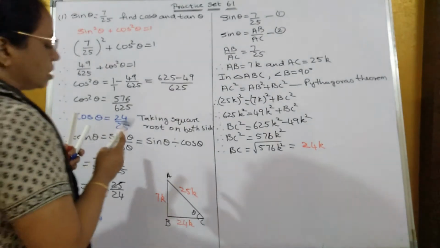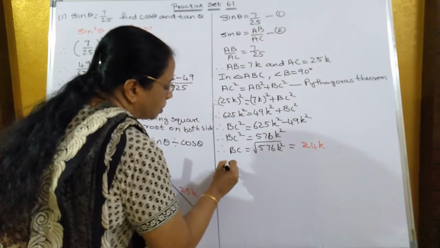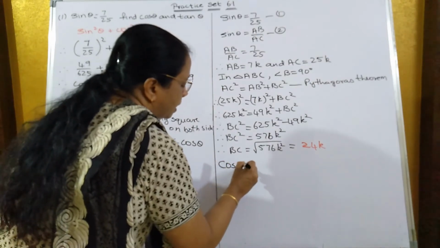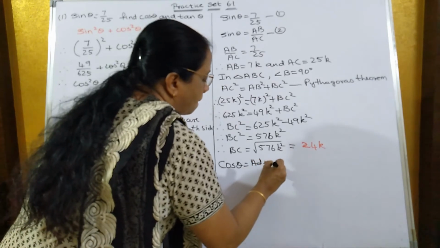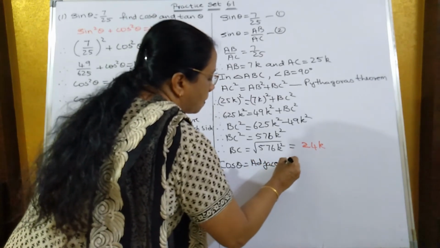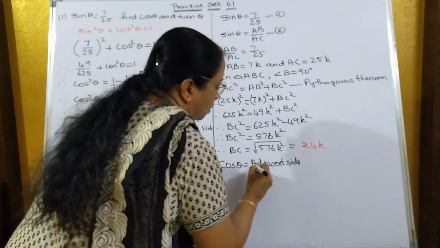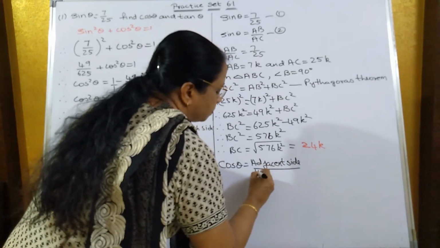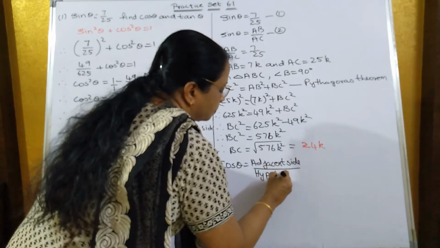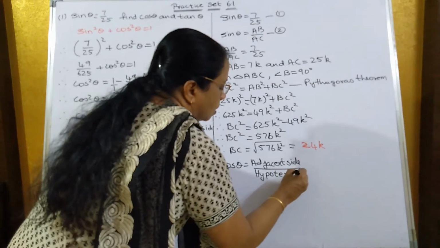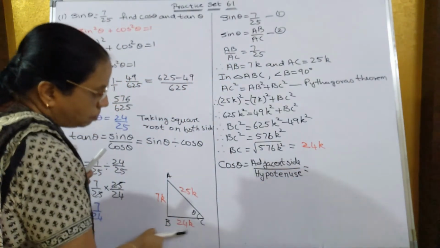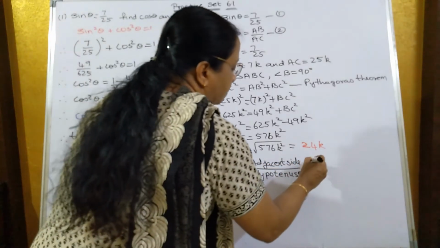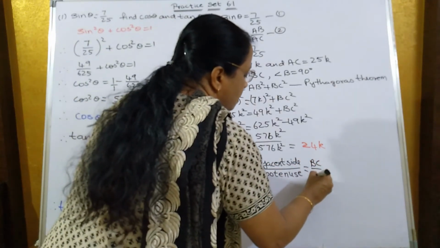Now cos theta is what? That you have studied last year, that is adjacent side upon hypotenuse. Now from the diagram, adjacent side is BC and hypotenuse is AC.